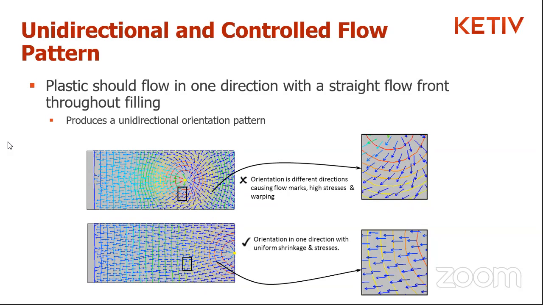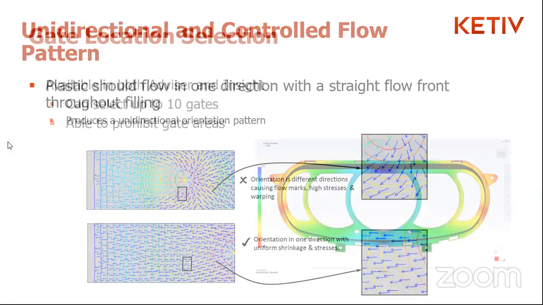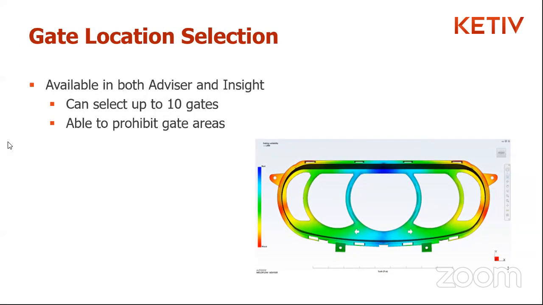Basically what you're hoping for is orientation in one single direction for one single portion of the part. If you have flow in all kinds of different directions, as in the first set of images there, that's going to lead to high stresses, unpredictable warpage, unpredictable shrinkage, and potentially even cooling issues, right? So this is another thing to consider, just as gate location selection is.